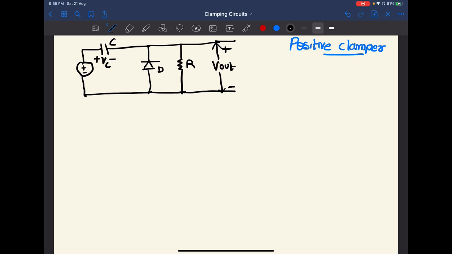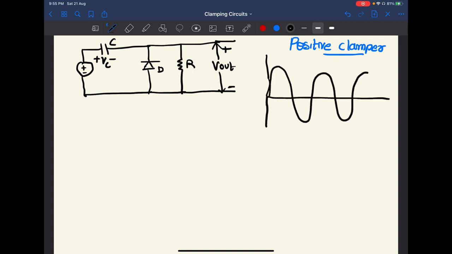And assume that we apply the input voltage as a sine wave of maximum amplitude Vm.